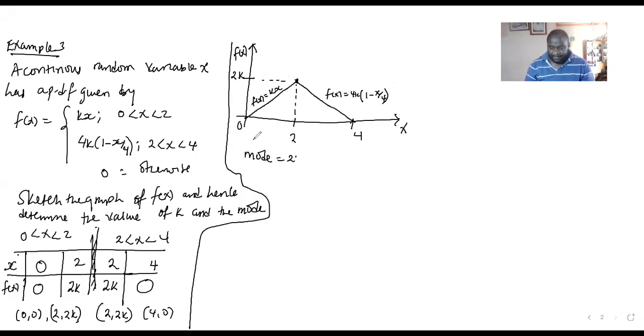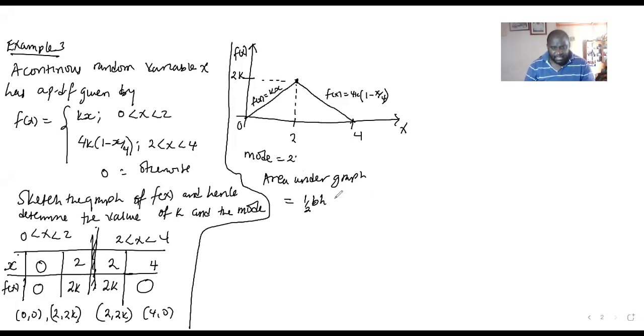Now, the other part is asking us for the value of k. The value of k, you need to get the area under the graph. So area under the graph is going to be equal to a half bh.